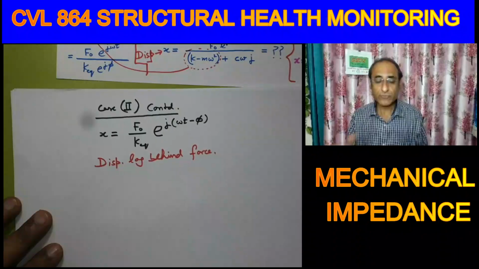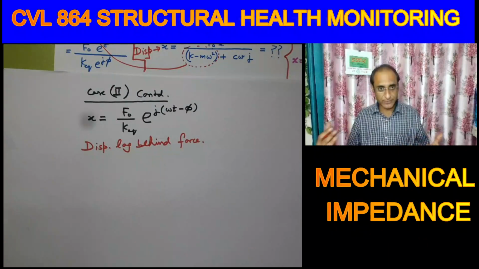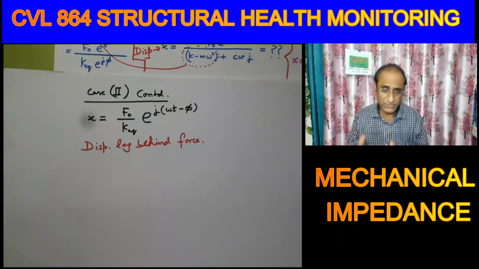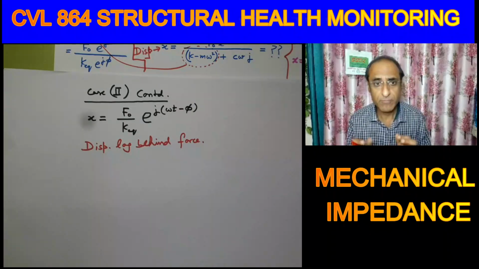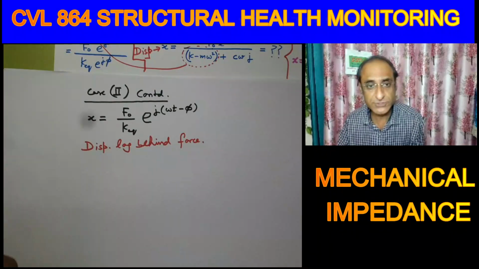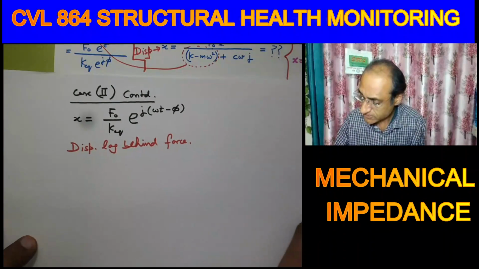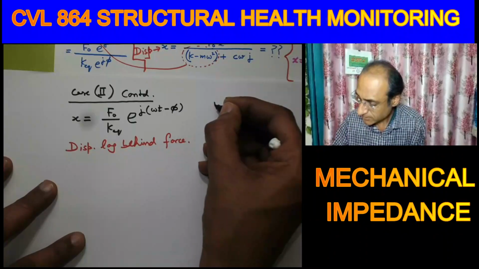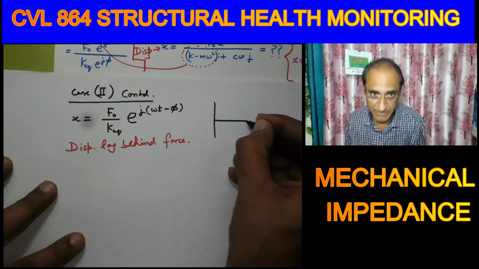So what is your conclusion from this? The conclusion is that the reason there is a phase lag, a phase difference between the force and the displacement, stress and strain, is the presence of damping.